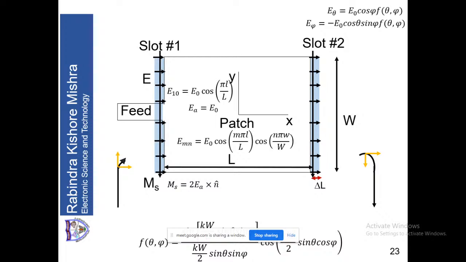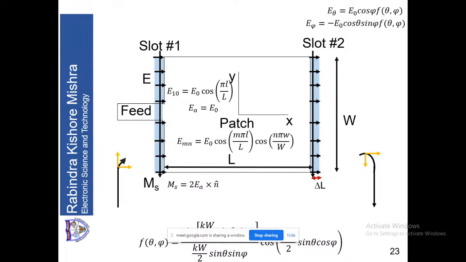But the first part is the element pattern, that is the radiation field due to MS, which is equal to 2 EA cross n cap, or E0. So from that we get this. Here there will be an E0 term. I can take E0 to be 1. If E0 is anything else, then multiply that with the pattern.